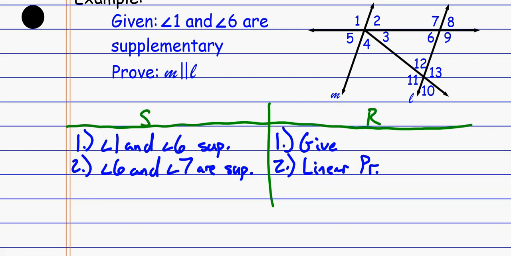And that's the situation we have here. So right here, angle 1 is congruent to angle 7. And I know that because they're supplements of angle 6. The supplement of angle 6 has to be the same no matter what. So if the supplement of angle 6 is angle 1, but the supplement of angle 6 is also angle 7, then angle 1 and 7 have to be the same measurement. They have to be the same angle.